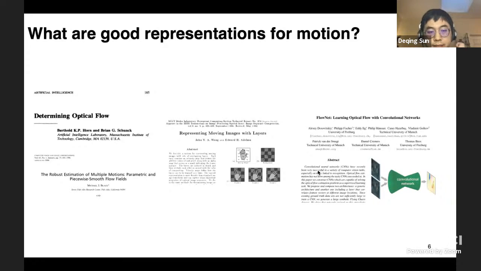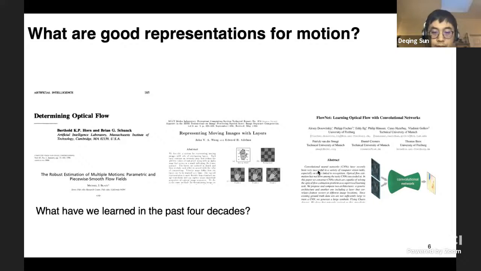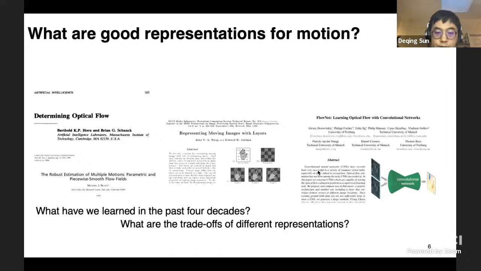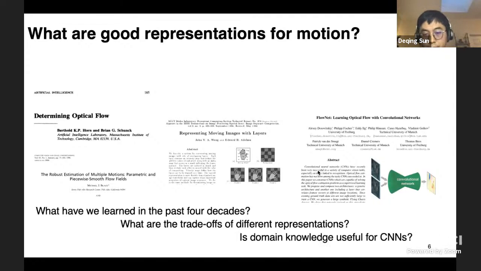Some questions are, what have we learned in the past 4 decades on optical flow? What are the trade-offs of different representations? And is what we learned in the past, the domain knowledge for optical flow, still useful in the era of deep learning?